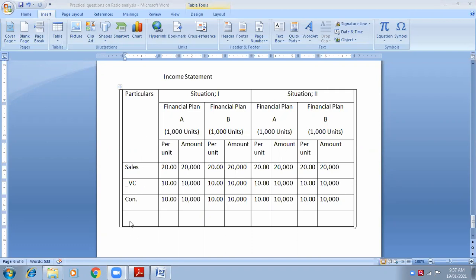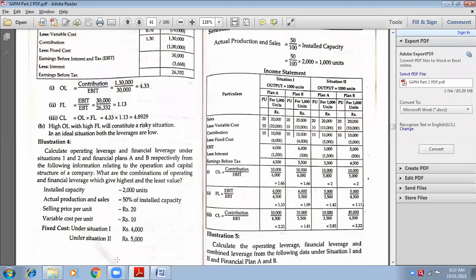Okay. Tell me, after contribution, what is the next step? Less fixed cost. Is it given in the question? Yes, ma'am. Now, what is the problem? It is given according to situations. So I have two situations. In situation 1, I have two plans, A and B. But they are not saying to go according to plans.